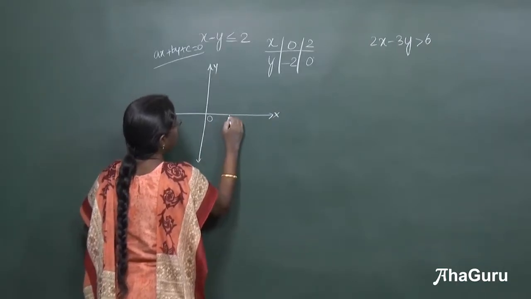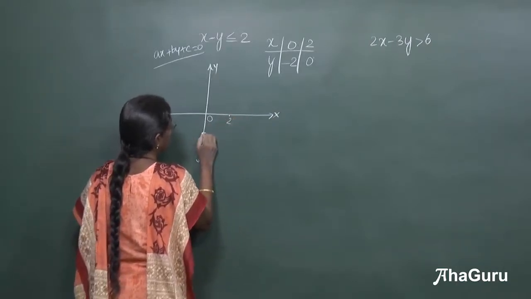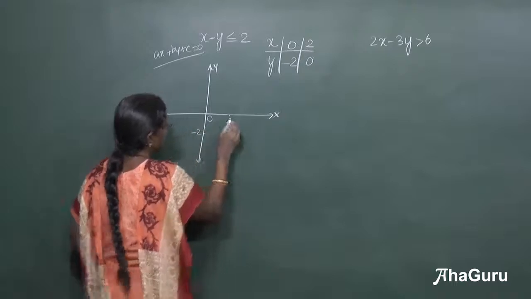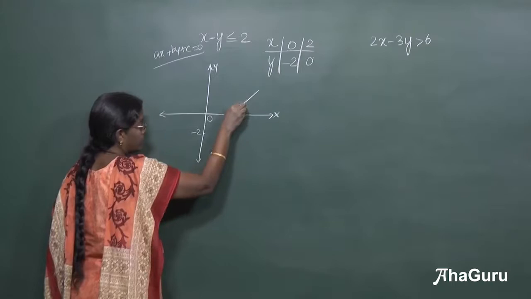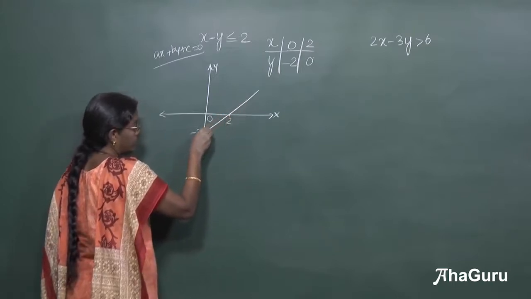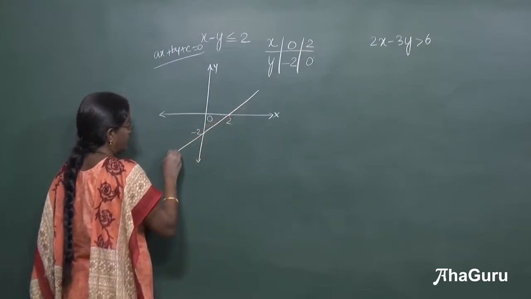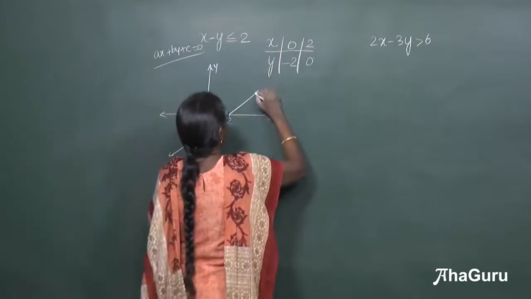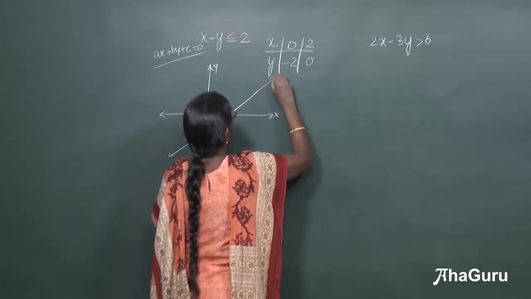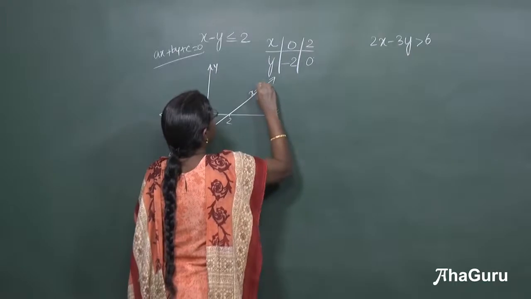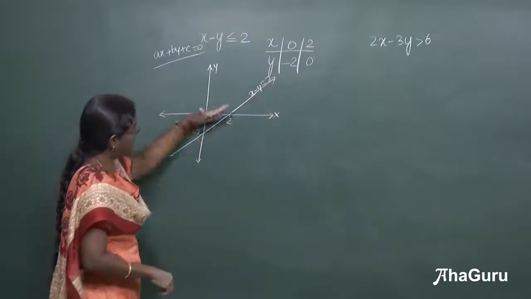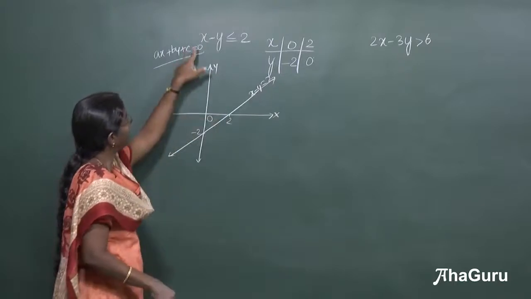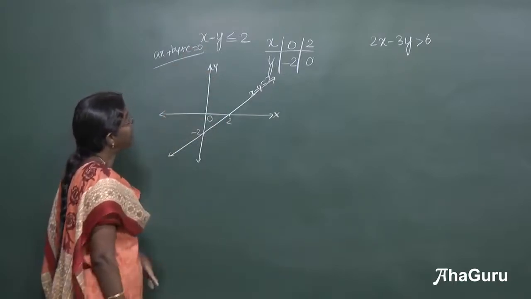The points we had were x is 2 and y is minus 2. All the points x comma y on this line will be satisfying the equality x minus y equal to 2.